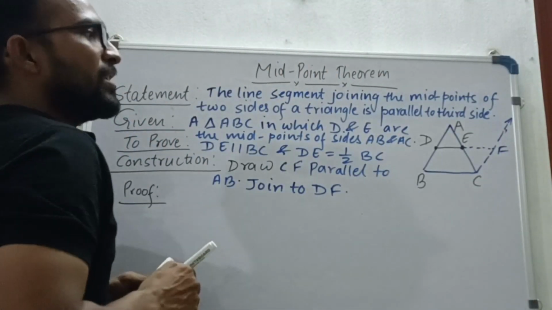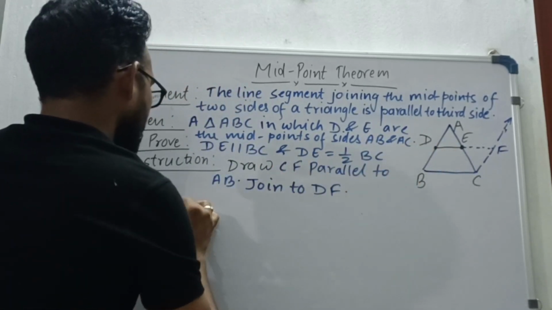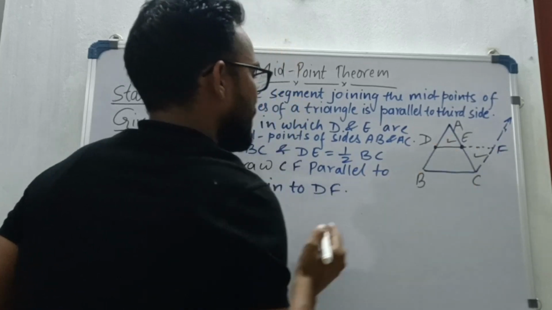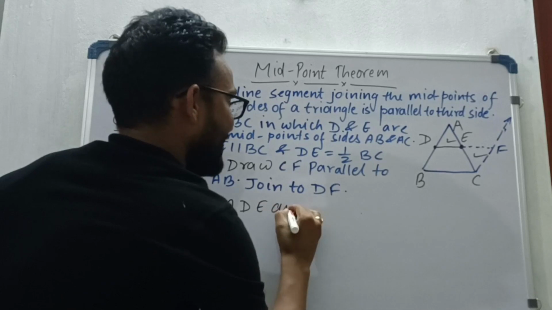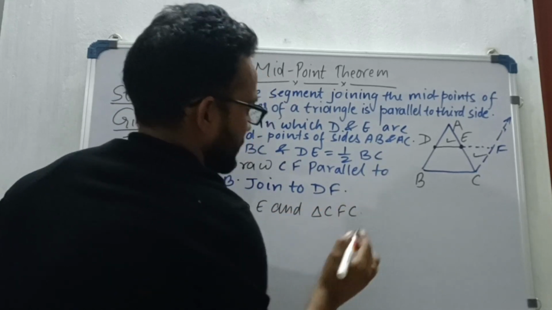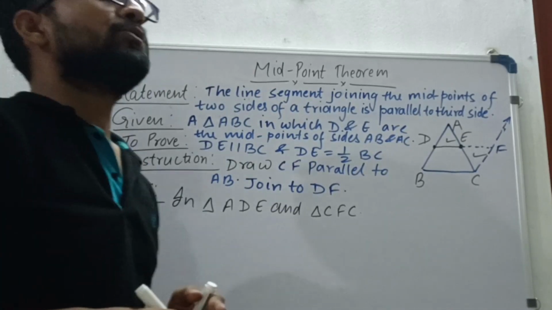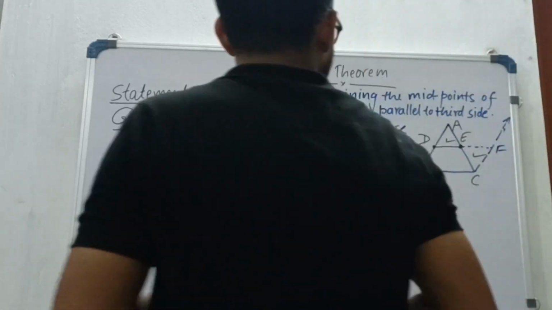Okay. So let me have this triangle. In triangle ADE and triangle CFE, first we should prove that these two triangles are congruent.